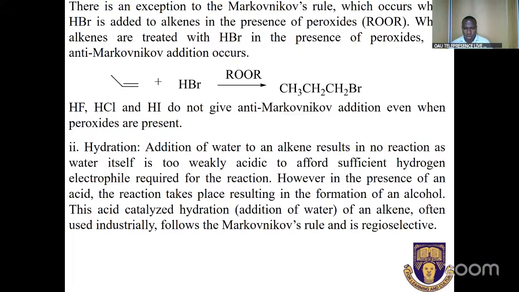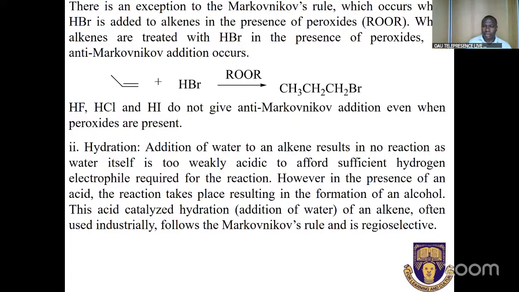So what we use in the lab is a dilute form of an acid. We use an acid which in turn catalyzes the hydration process. It is still addition of water, and remember that a catalyst is just aiding the reaction to go faster.